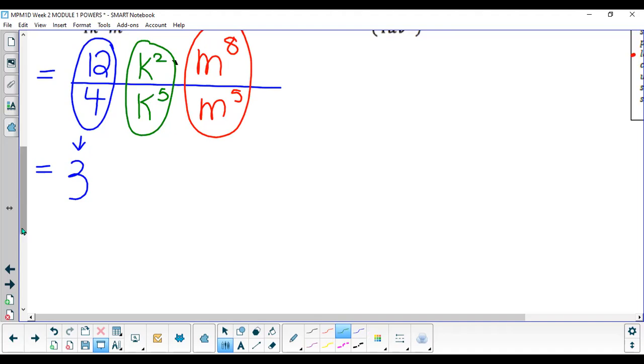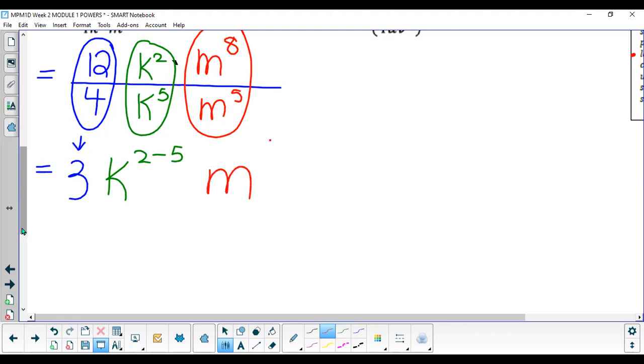Yes, so I'm going to keep the base the same and subtract my powers. These are steps that we need to see on your test as well as your unit work. Now, what about my m variables? What am I going to write to help me solve for m? Can someone tell me? What do I have to do? Yes?